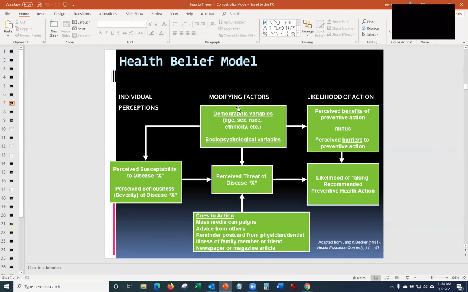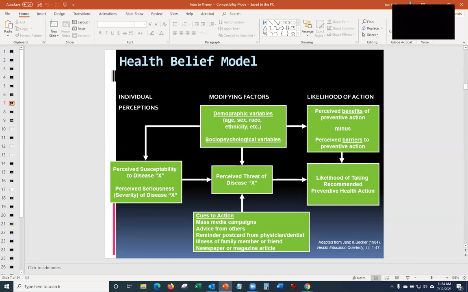So we're going to go into this model in greater detail, but this is just a brief introduction of what a collection of constructs look like with the boxes and arrows that show the relationship between these different constructs.